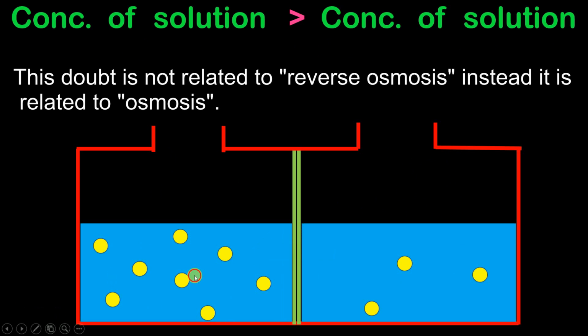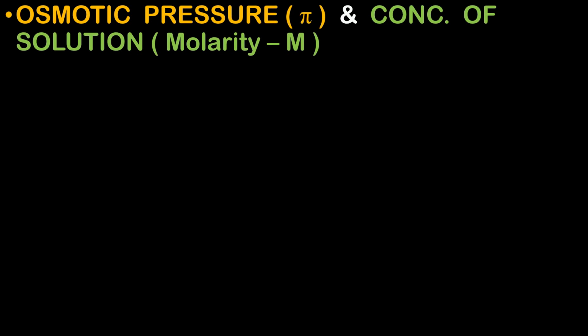Now guys, let us understand the relation between osmotic pressure, which is represented as pi, and concentration of solution in terms of molarity. And we all know that molarity is represented as M. Okay, so we found out that osmotic pressure is directly proportional to molarity, and osmotic pressure is directly proportional to temperature in kelvins.